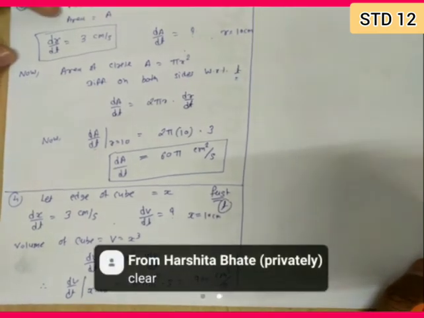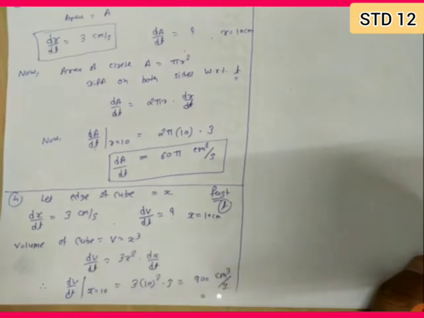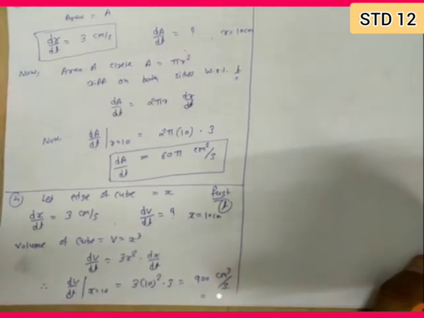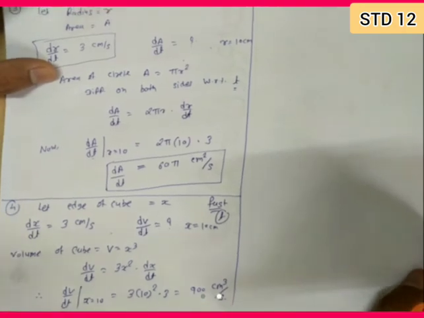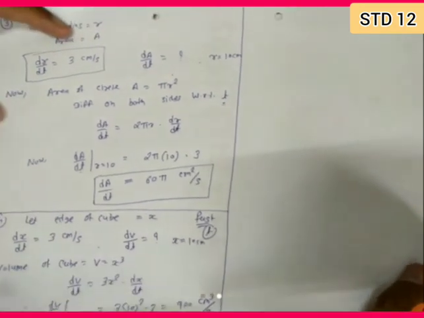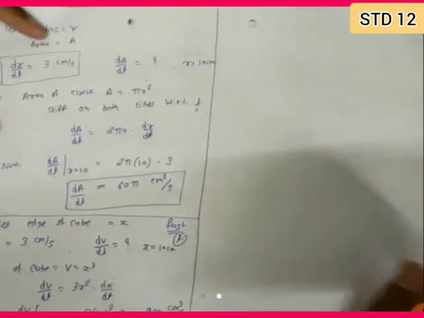Now you can try question number 5 by yourself. In which we are given the rate of change of radius with respect to time, which is 5 centimeter per second, to find the rate of change of area. A circle is given. So let's solve question number 5 also.